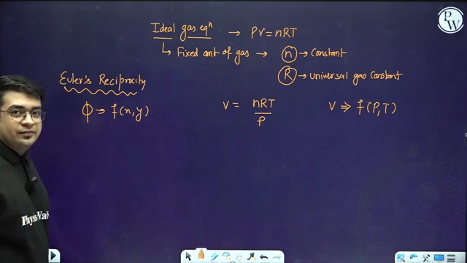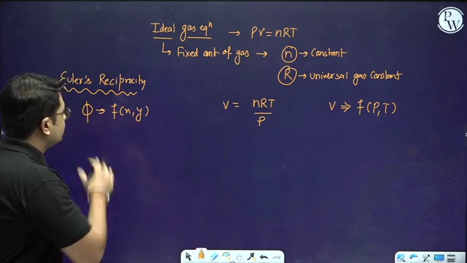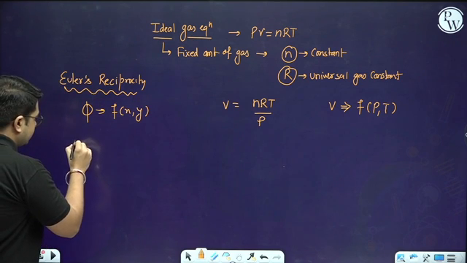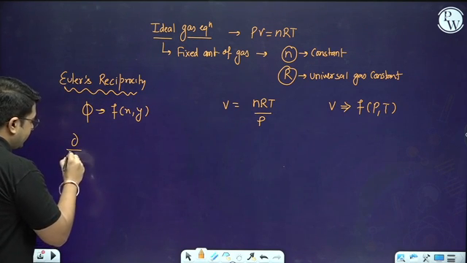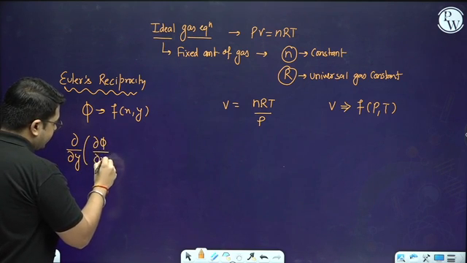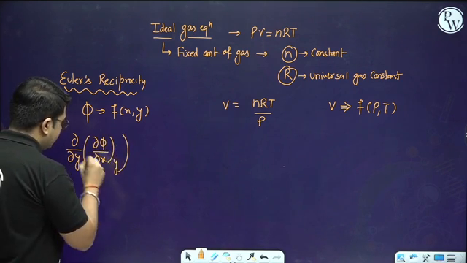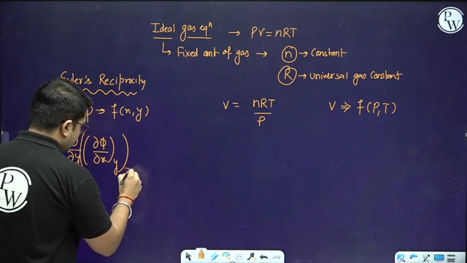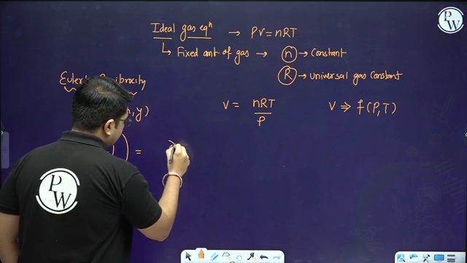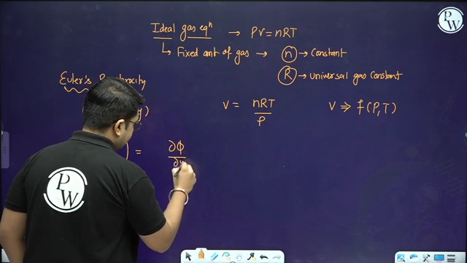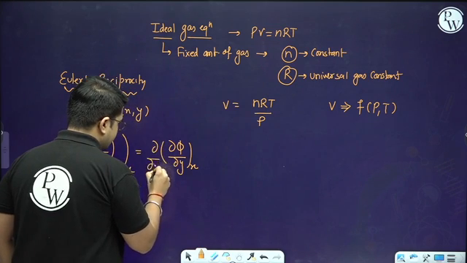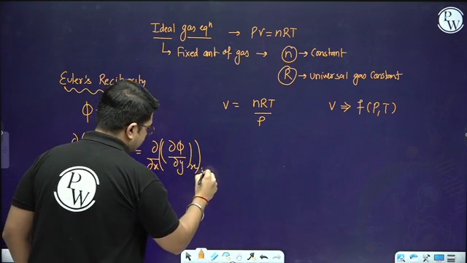According to Euler's reciprocity, the first part, d/dy of (dphi/dx) at constant y, taken at constant x, will be equal to d/dx of (dphi/dy) at constant x, which is the double differentiation of x with respect to y.